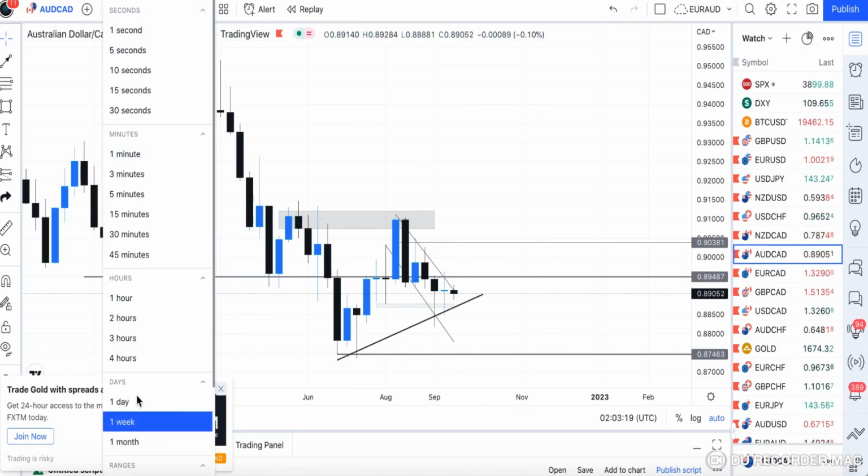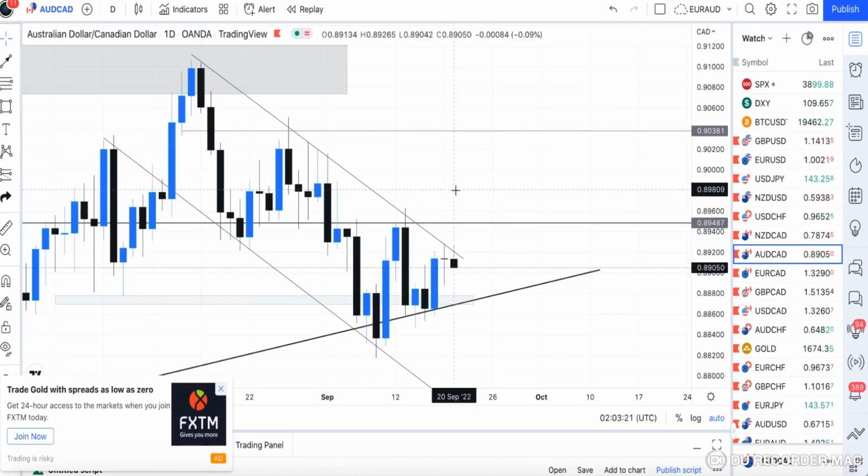So when you go to the daily time frame, let's check. Coming to the daily time frame, we have a reversal pattern at this particular area. The reason why I call this a reversal pattern is because if you check the trend line, we have multiple rejections at this particular trend line. We have rejection here, we have rejection here, then we have rejection. So here, we are having a rejection.